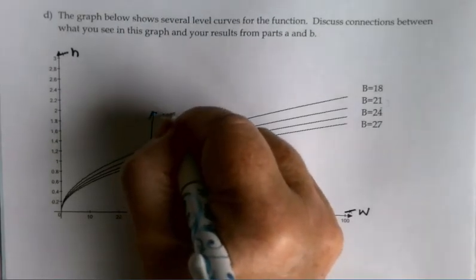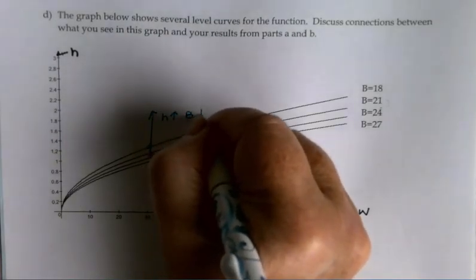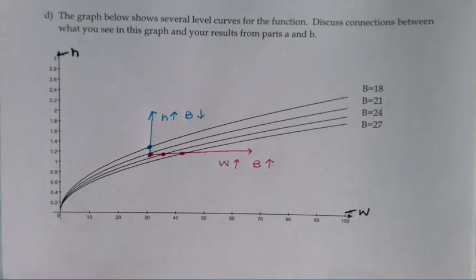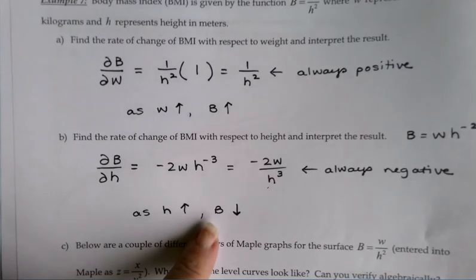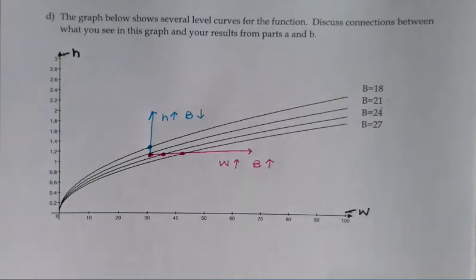As the height increases, the b values are going down. Again, exactly what we predicted based on our derivative. So there's a little connection for you between what we're seeing with the derivatives and what we can also verify by looking at those level curves. All right, that brings us to the end of section 12.4.